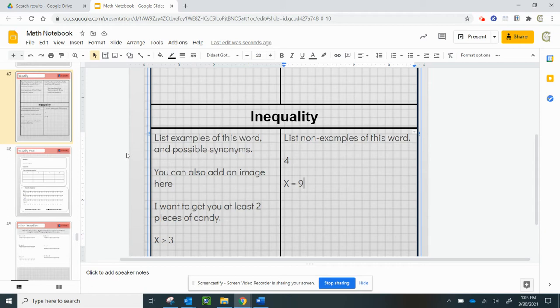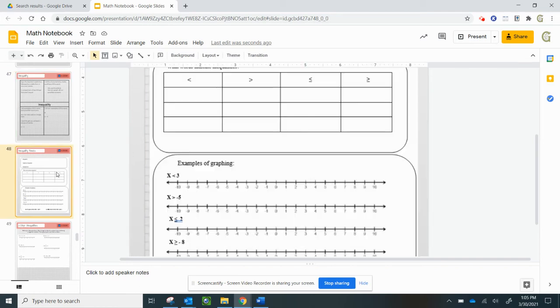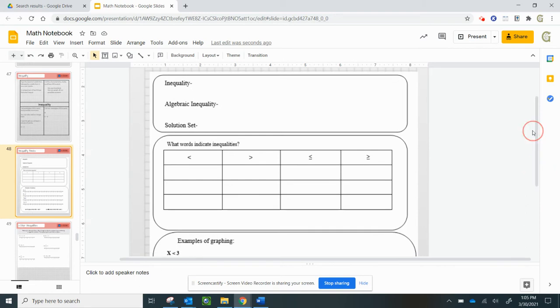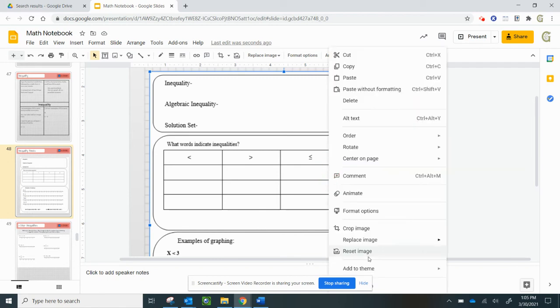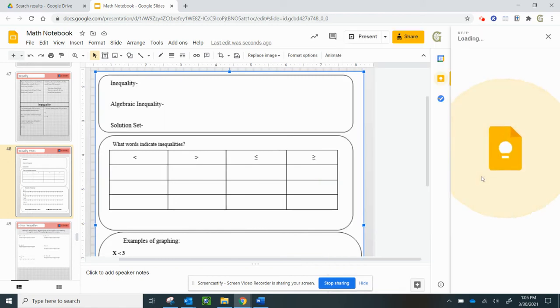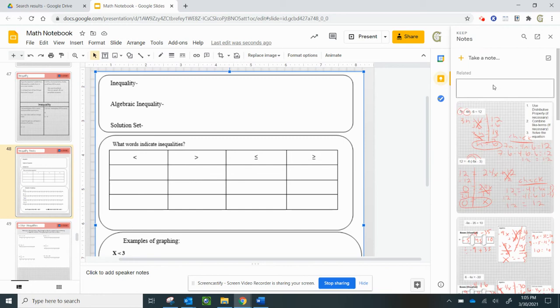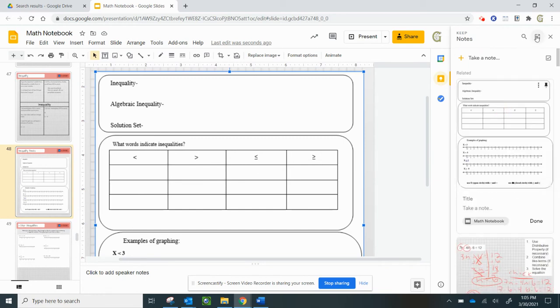Go into your next page. Few basic ideas to fill in, especially reviewing the graphing idea here. So we can go ahead and right click, save to keep. Open in the new tab.